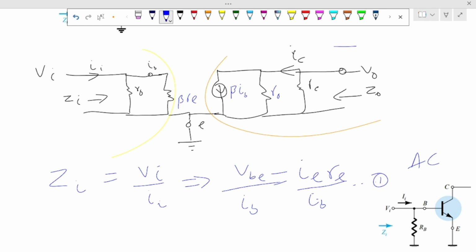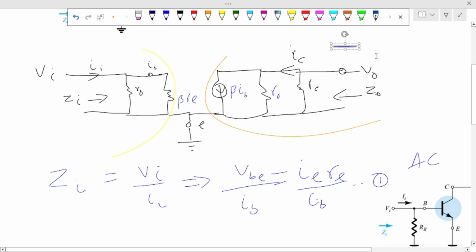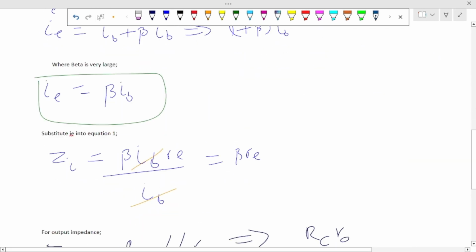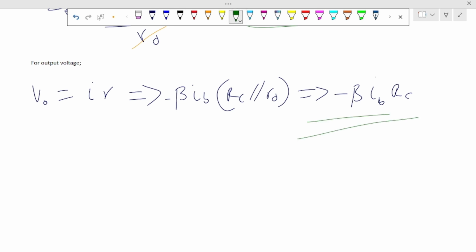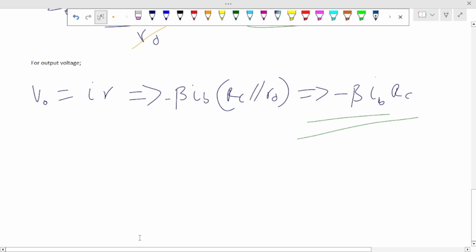So we have the negative sign. Good, we can hold this here, we may come back to it. Next, we've gotten input impedance already, so the next thing to do is our gain.